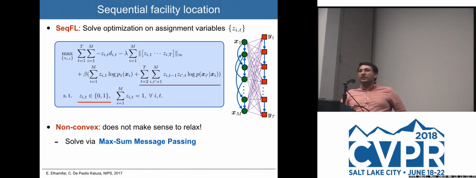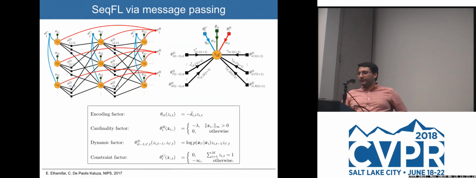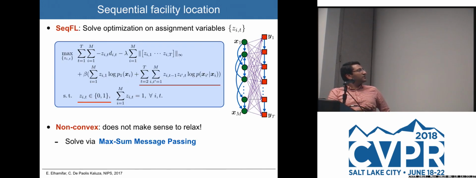So the approach that we have taken so far to solve this non-convex problem is to use a max-product message passing algorithm to optimize this cost function. Roughly speaking, in maximum message passing, we define the so-called factor graph. These nodes are variable nodes that correspond to the optimization variables z_ij, and then we have these factor nodes, each of which corresponds to one of the terms in the objective function.